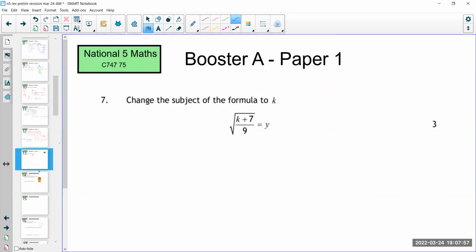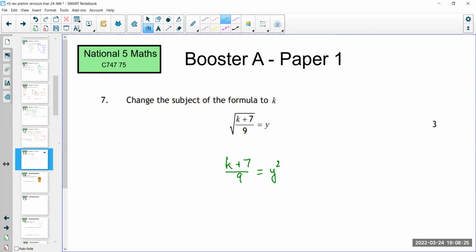Next question, changing the subject. First thing, whenever you get square roots where your subject is inside, you need to do the opposite of square rooting, and the opposite of square rooting is squaring everything, right? So you get (k + 7)/9 = y².